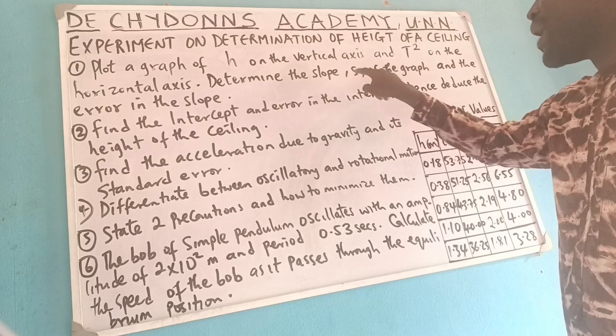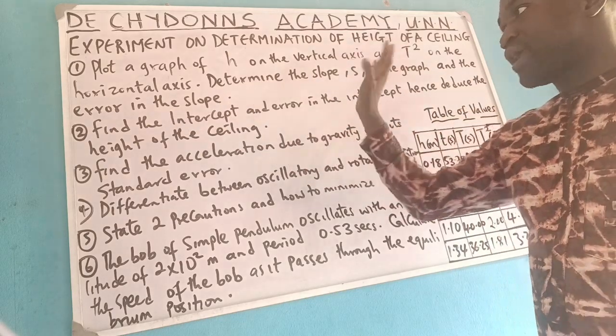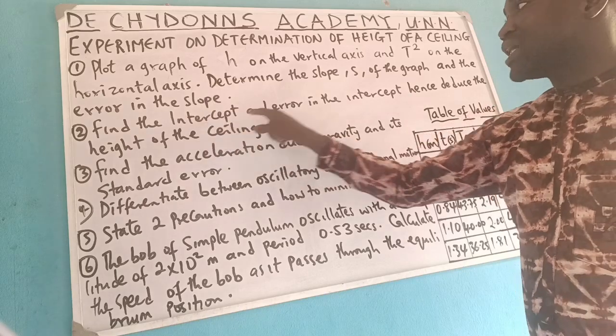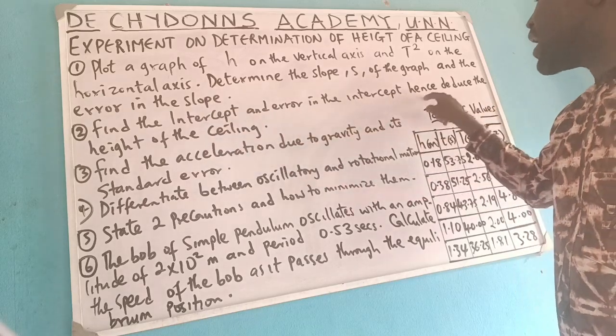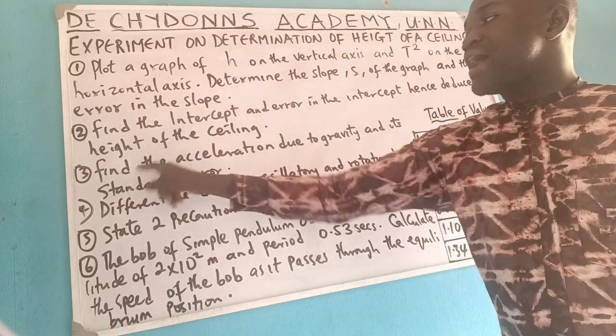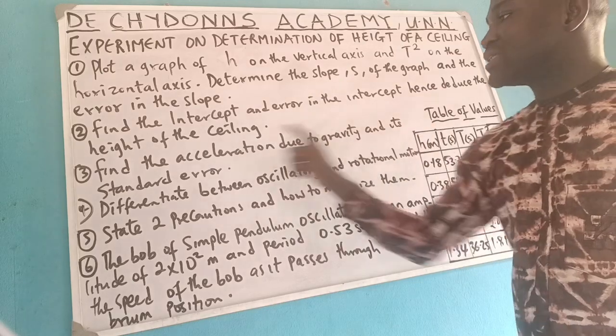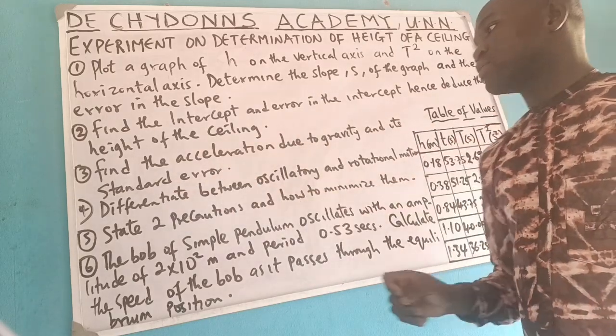Determine the slope s of the graph and the error in the slope. Very important: find the intercept and error in the intercept, hence deduce the height of the ceiling. Find the acceleration due to gravity and its standard error.